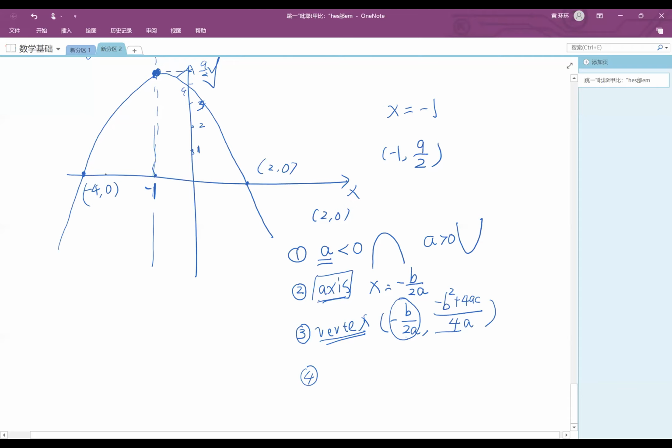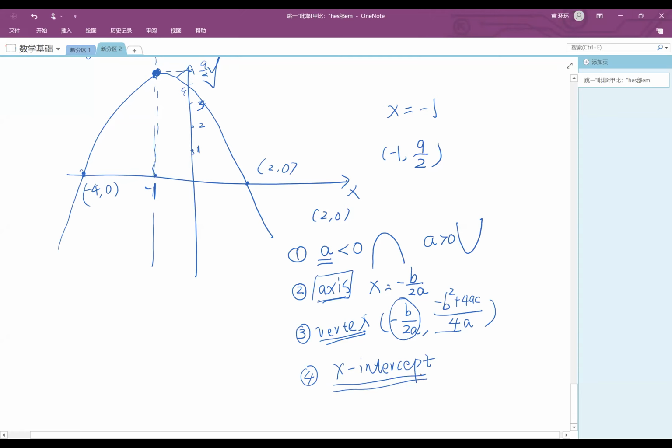And the fourth, we need to know the x-intercept for this parabola.